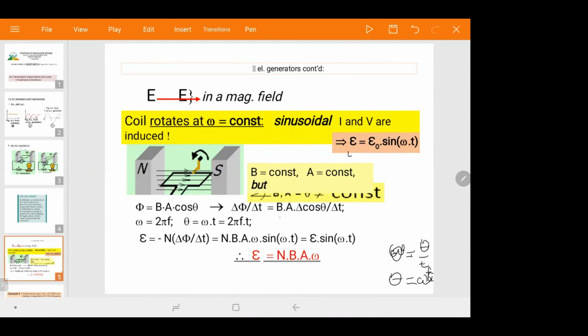Since the changing quantity is only the position of the coil in the magnetic field, and neither the magnetic field nor the area of the coil are changing, you can write down B A delta cos theta over delta t. Theta is omega times t. And omega, as you remember from your grade 11 physics, is 2 pi times frequency. So induced EMF is equal to minus N times delta phi over delta t, which gives N B A omega sine of omega t.